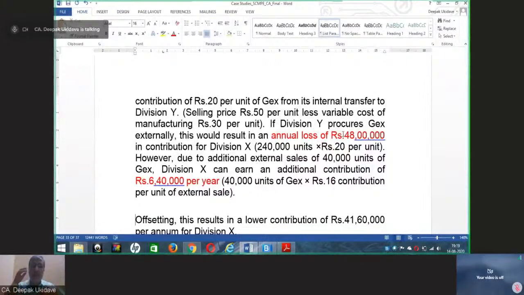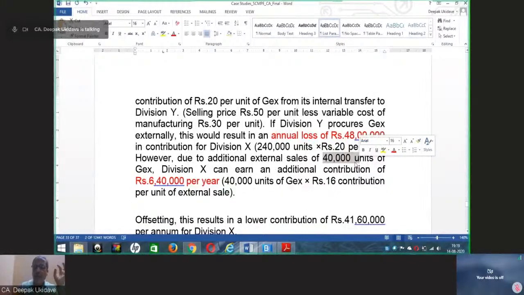Remember this. Division X, you have seen, is incurring a loss of 48 lakhs by not catering to the internal customer. But on the other hand, it is now supplying an additional 40,000 units to the external customer, making a contribution of 16 rupees per unit into 40,000, which is 6,40,000 rupees.